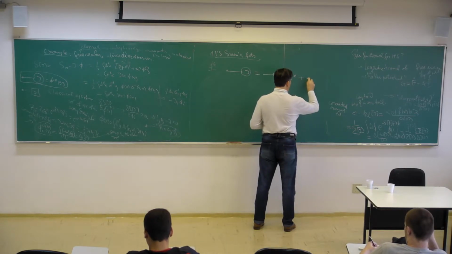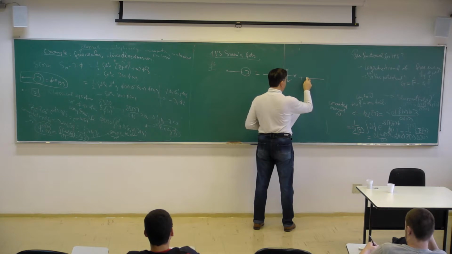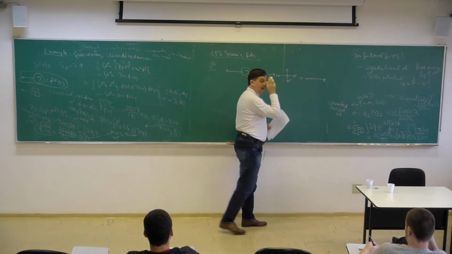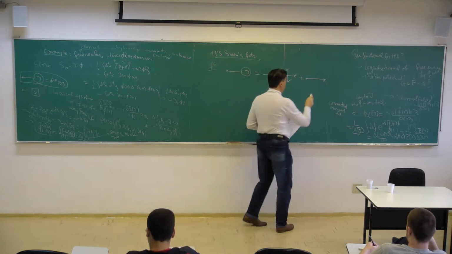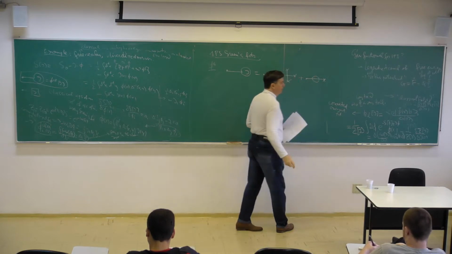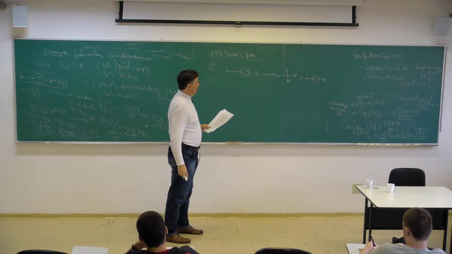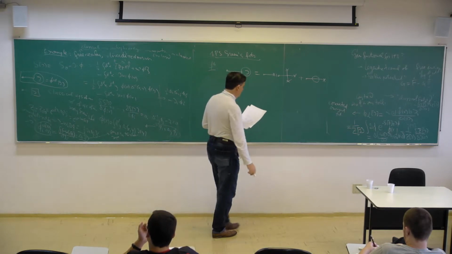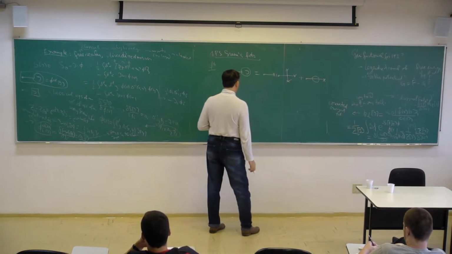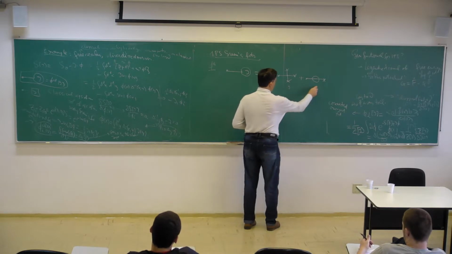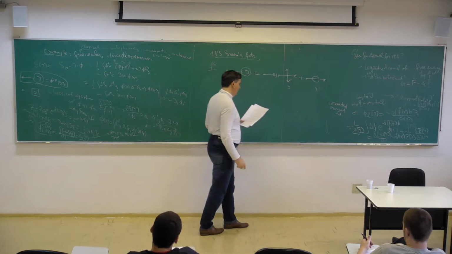Then I can take this line and draw a line like this. So this has one vertex, this has two vertices.